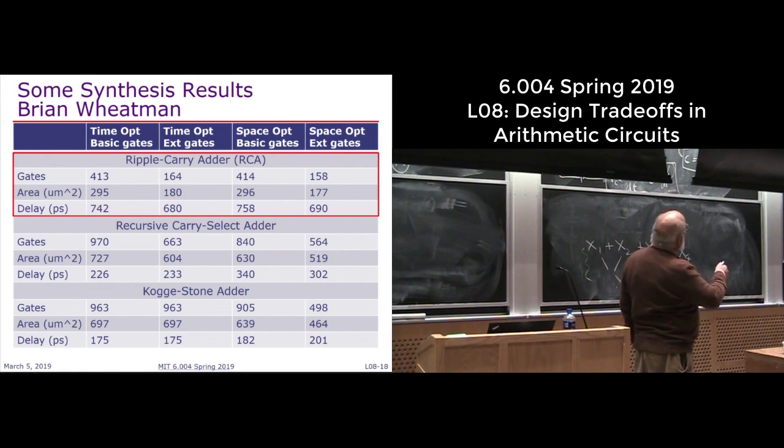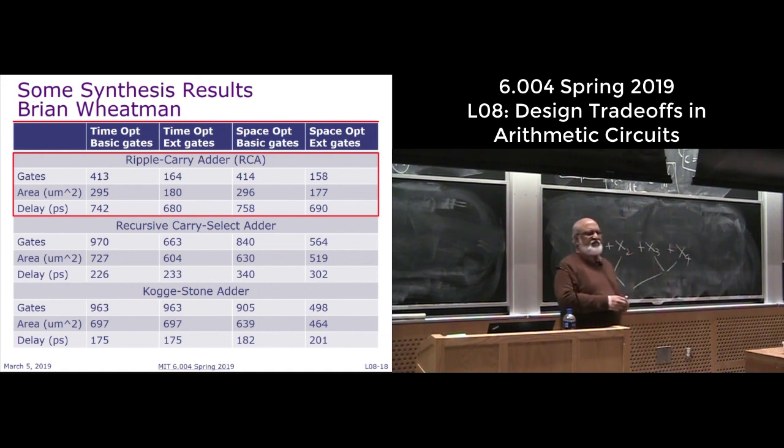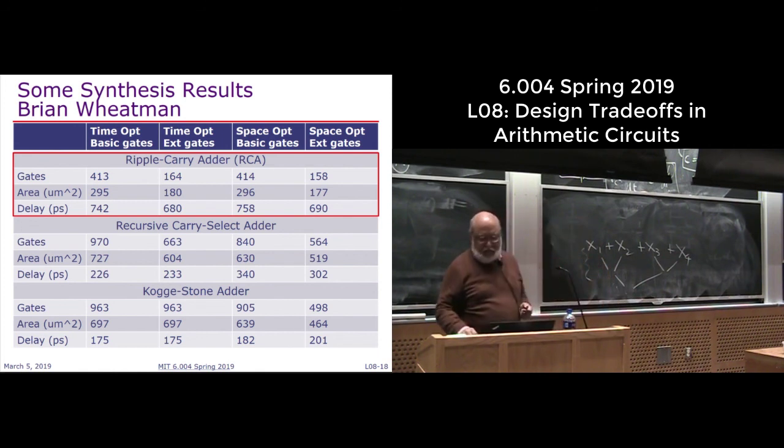If we optimize for space, then we can drop it down a little bit more. And this is roughly the timing, not a huge difference in propagation delay. This is your basic ripple carry adder, and the time is of the order of 700 picoseconds.